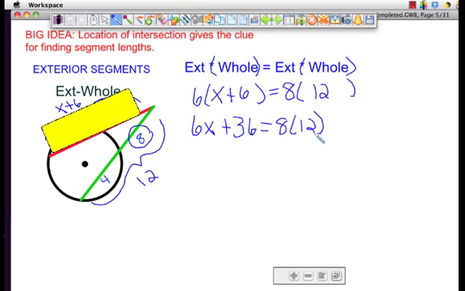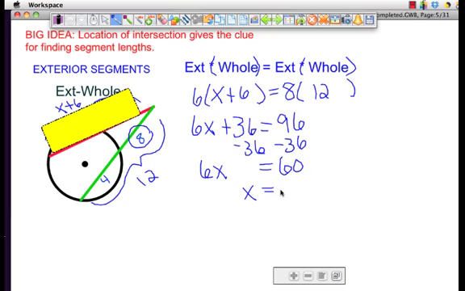So you get 96. Then you have 6x equals 60, because all you're doing is subtracting 36 from both sides. And 6x equals 60, which means that x equals 10. Be careful on some of the homework, they're going to actually ask you to plug it in.